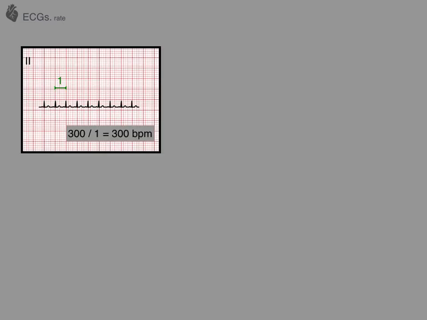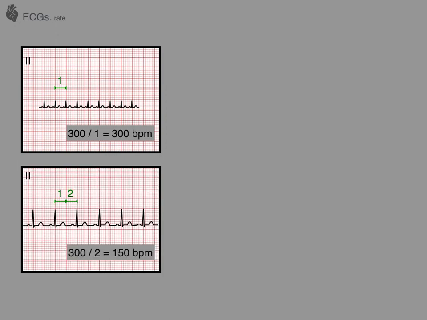A few more examples. Here, there is only one big box between R waves, and therefore the rate is a very fast 300 beats per minute. With 2 big boxes between R waves, we have a rate of 150 beats per minute.